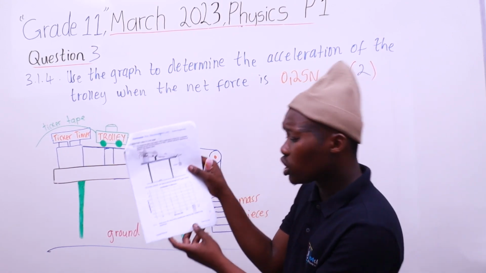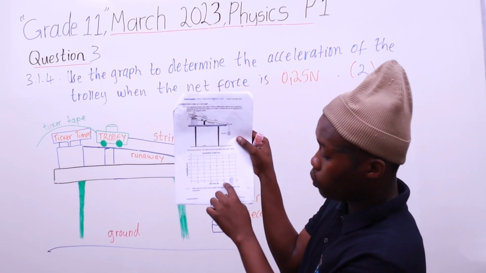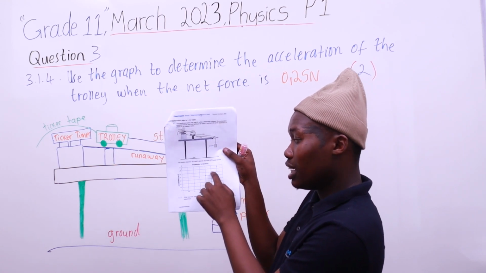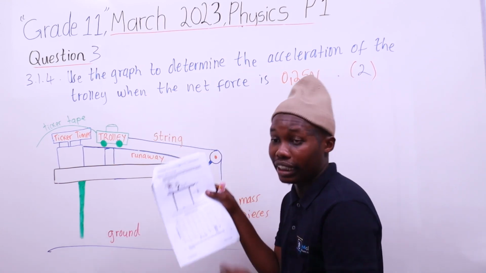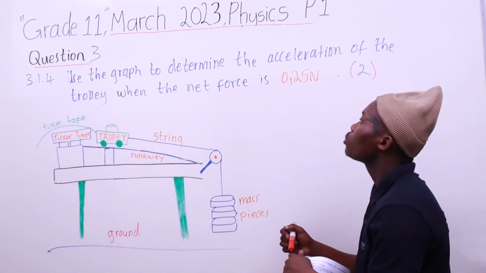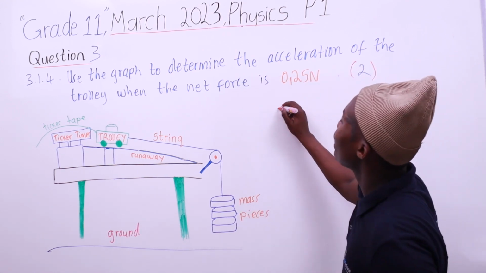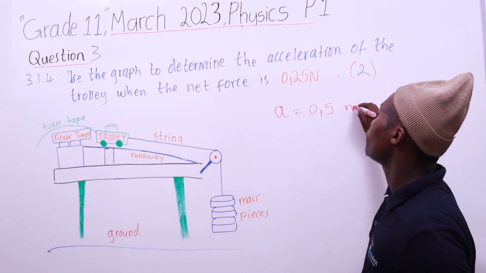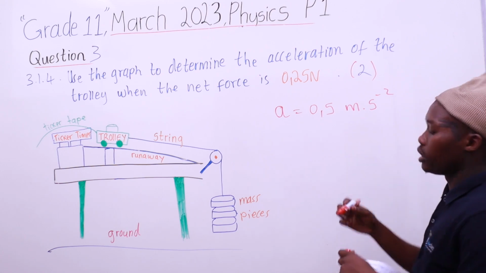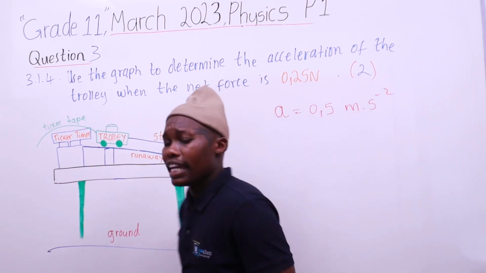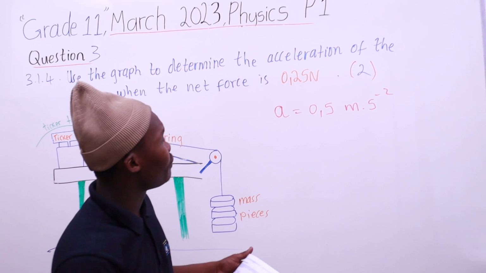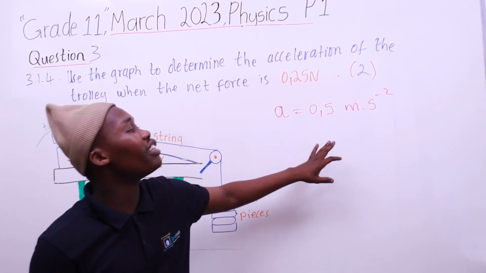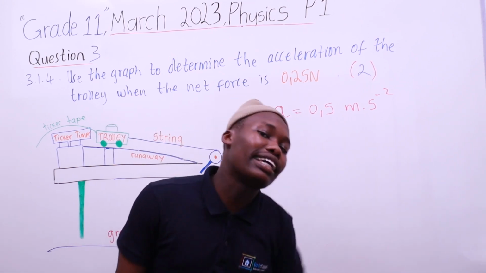So at 0.25 on our graph, as we go up we reach 0.5 on the y-axis. So therefore our acceleration will be 0.5 meters per second squared, which means the velocity of the trolley is increasing by 0.5 meters per second every second.